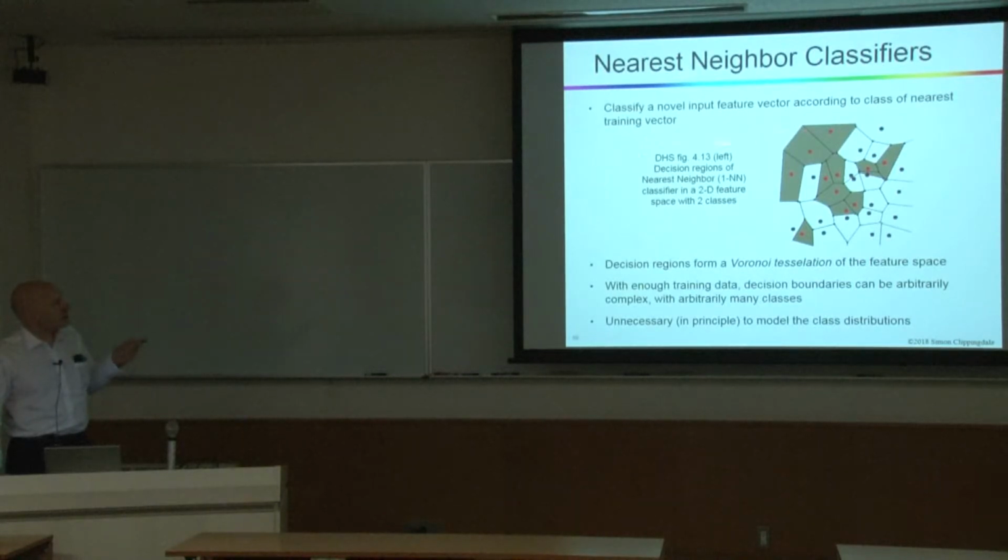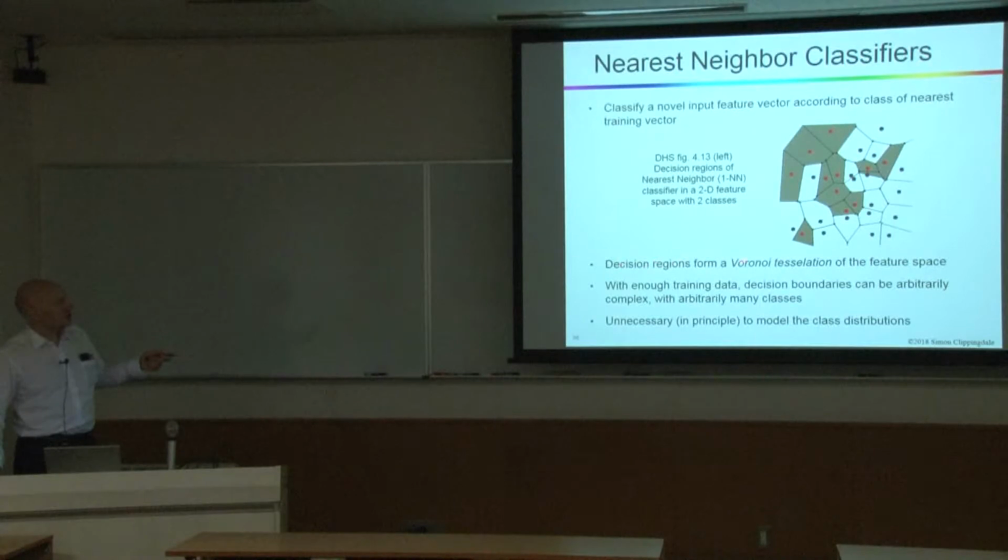Here's a nearest neighbor classifier, and what it does, like it sounds, is classify a novel input feature vector according to the class of the nearest training vector, your data sample, effectively. Again, this is from the Duda, Hart and Stork book. This is a so-called one nearest neighbor classifier in a 2D feature space, with 2 classes, red and black, I guess.